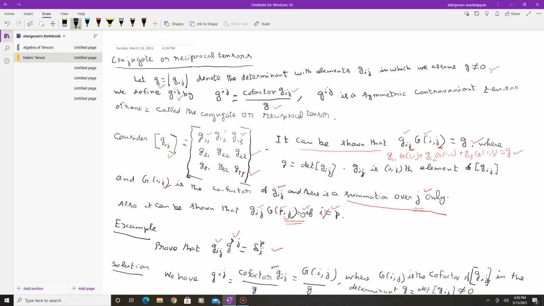This G_ij we call the cofactor. So this is a given. Now G_ij is the cofactor of g_ij in the determinant.